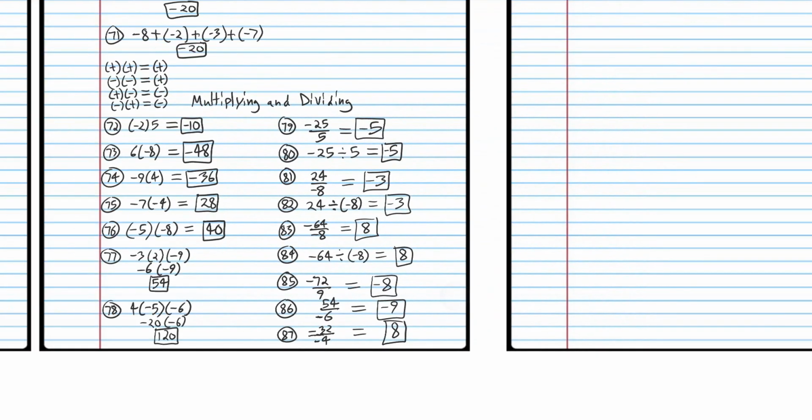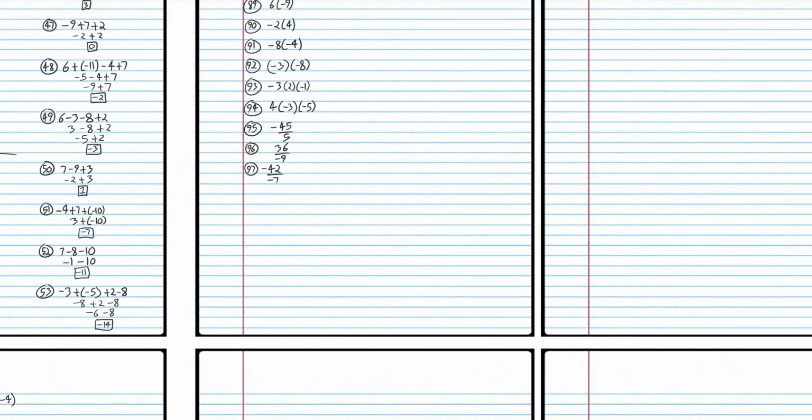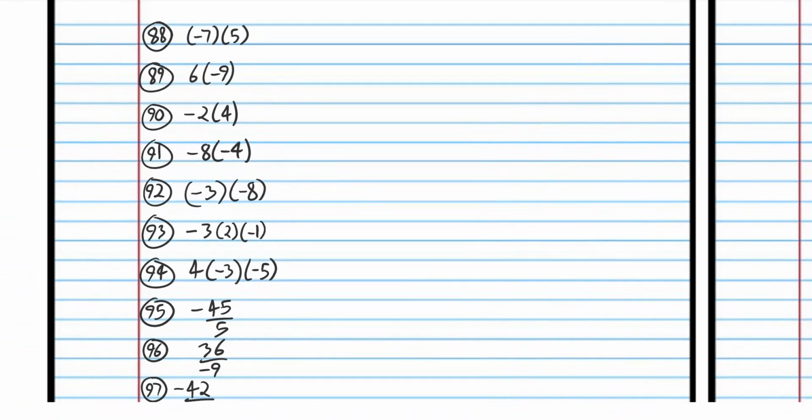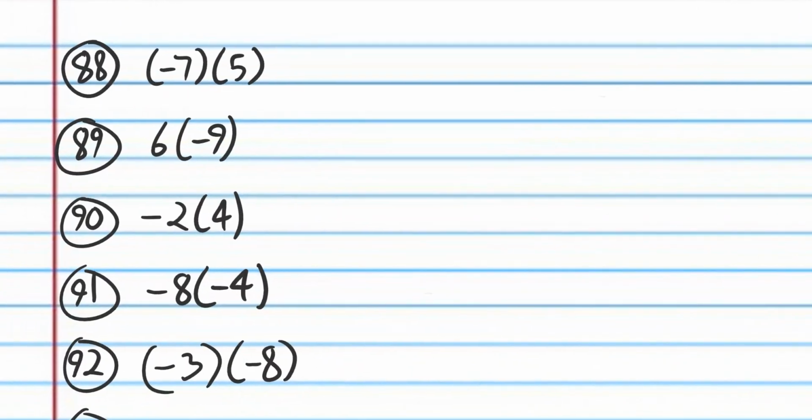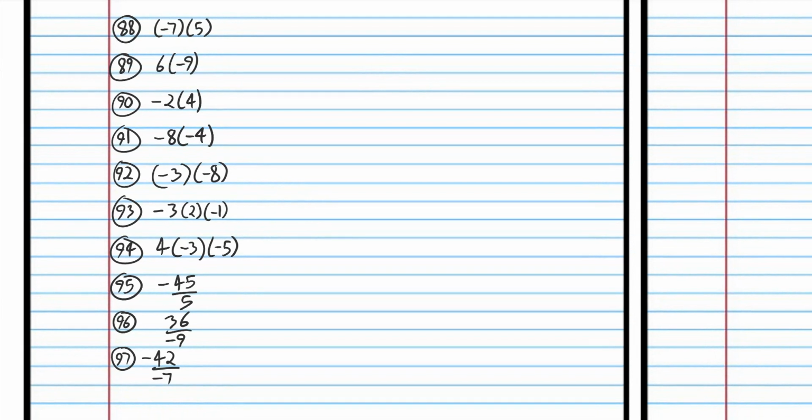All right, so multiplying and dividing negative numbers, as you can see, is really easy. All right, so now we're going to go on to number 88, and I want you to try these problems. In fact, try numbers 88 through 97, and when you come back, we'll do them together.